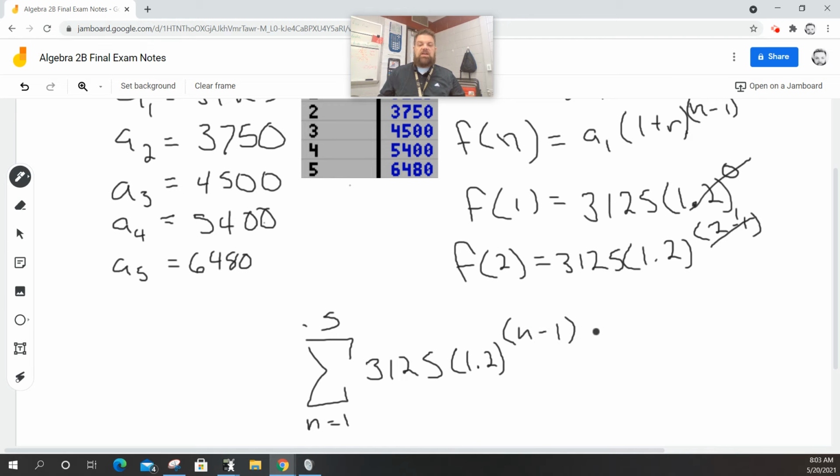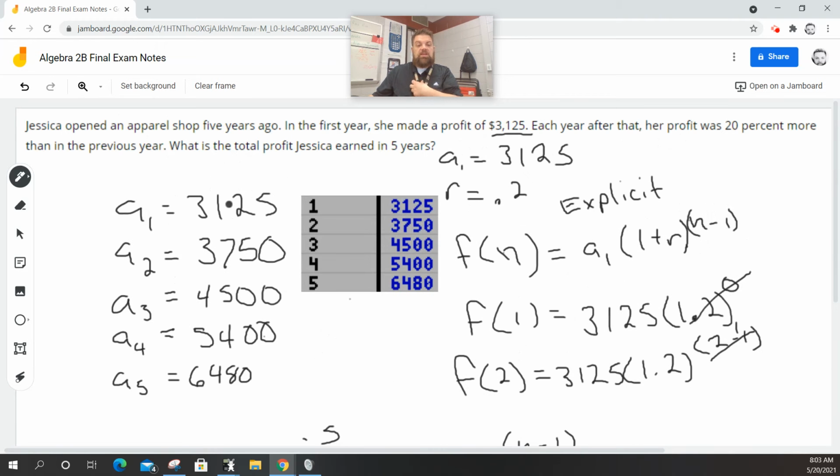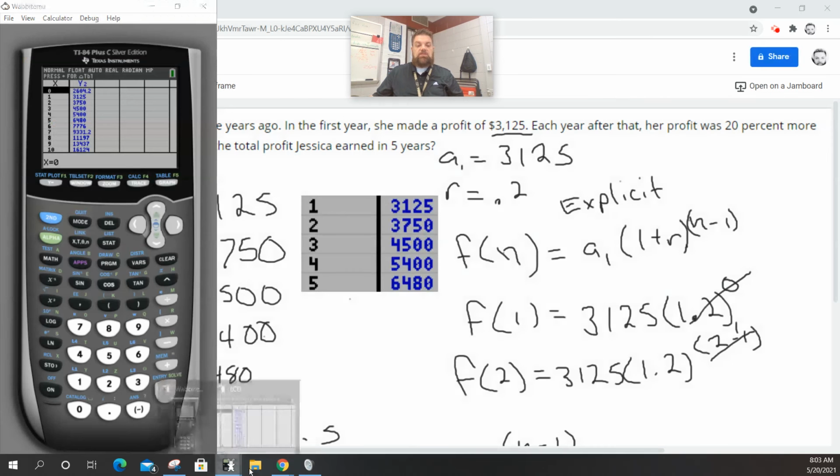You could use x or n, it doesn't matter. What this will do is go through and calculate all these values and then add them up. So let's do that on the calculator real quick.